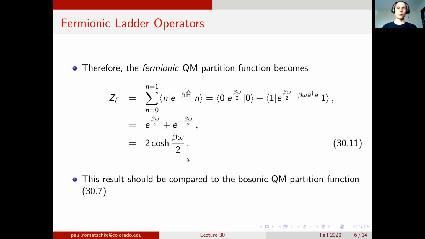This is the result for the fermionic partition function, and comparing it to the bosonic quantum mechanical partition function, which was 1 over twice the sine hyperbolic of beta omega over 2, we find that in particular the fermionic calculation was much easier because the Hilbert space only contained the states 0 and 1, and the result is a cosh in the numerator, whereas for the bosonic case we had a sinh in the denominator.